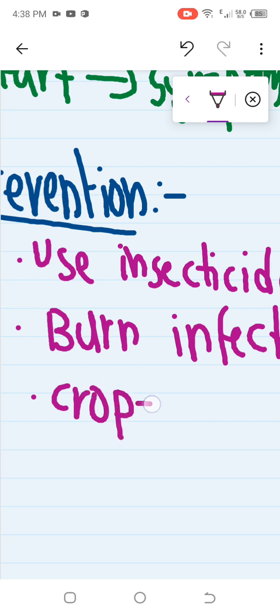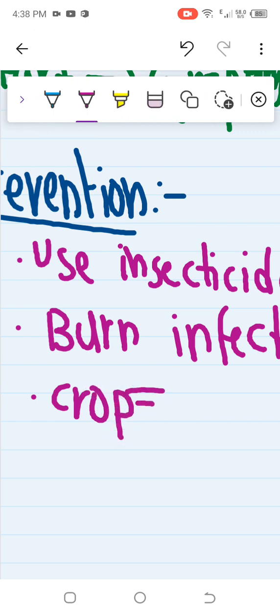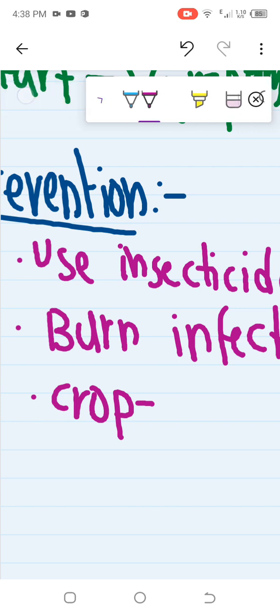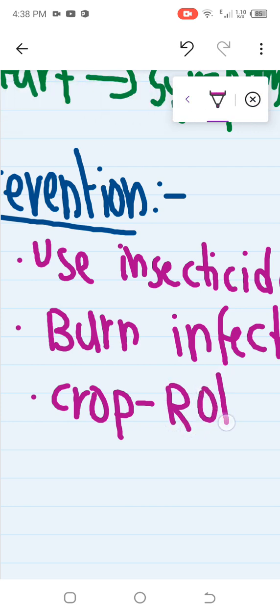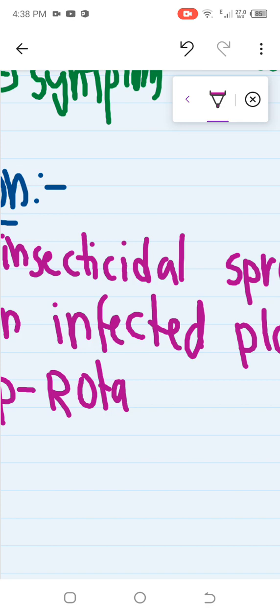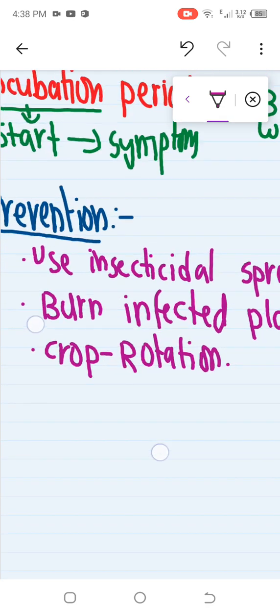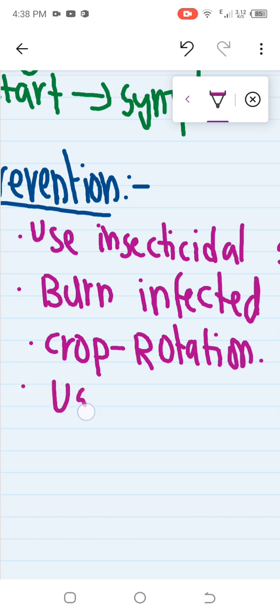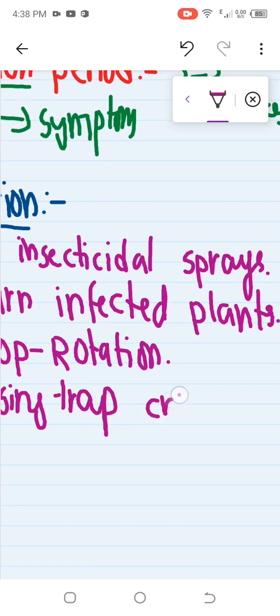If crops are rotated, the growth of the disease can be prevented. Fourth, use trap crop.